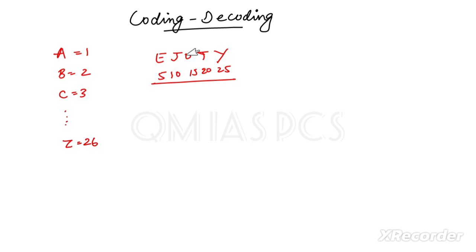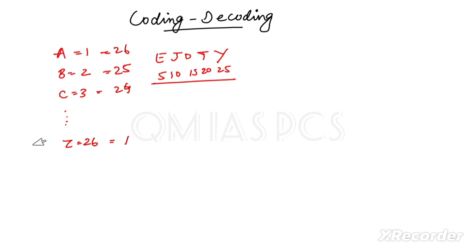Okay, fine. But sometimes you have to consider the reverse order, like Z is equal to 1, and like this it will be 24, 25, and 26. So how to consider this? Similar to the reverse order, like someone says that I got first rank.